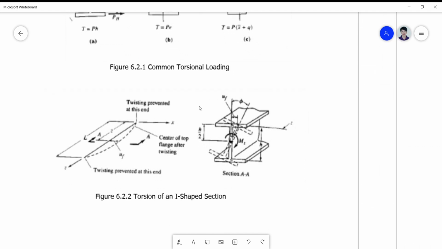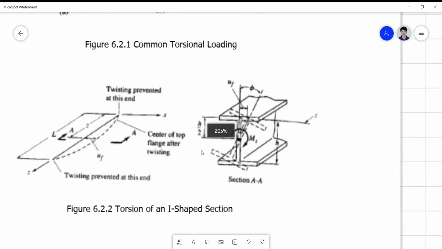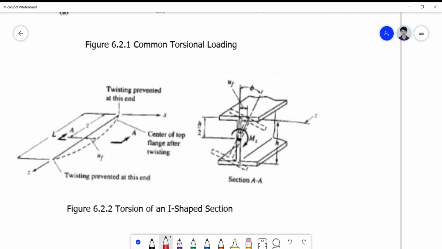So this is again a representation of how the flanges, particularly the compression flanges, are affected by the twisting moment in a direction which is lateral or sideways.